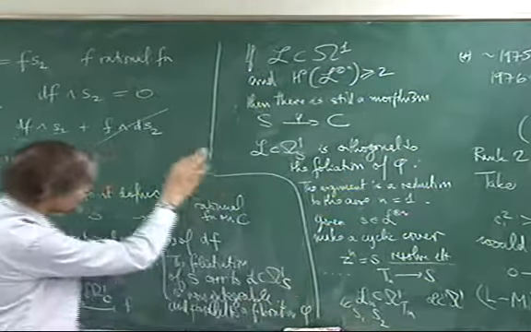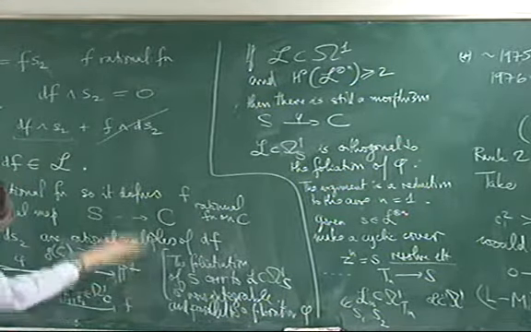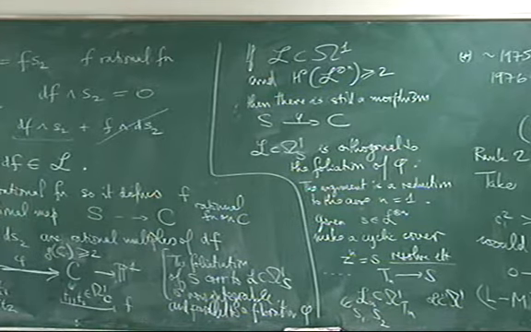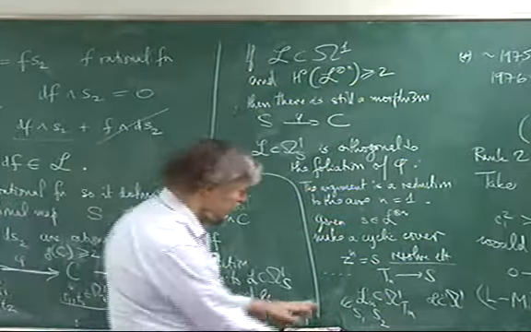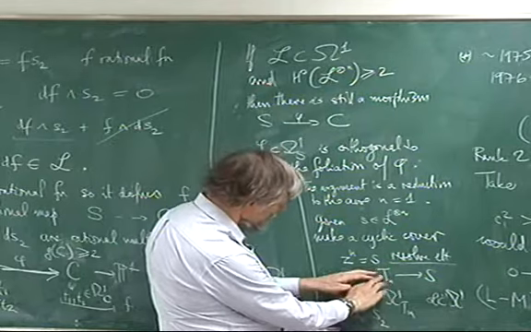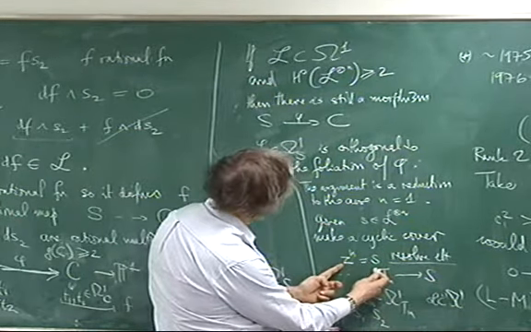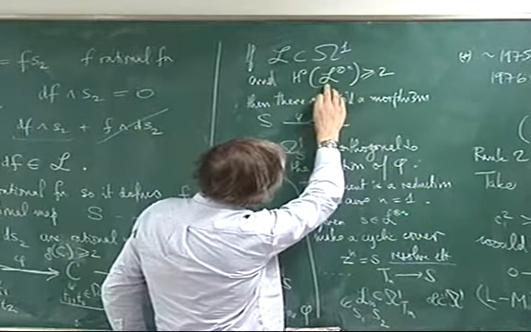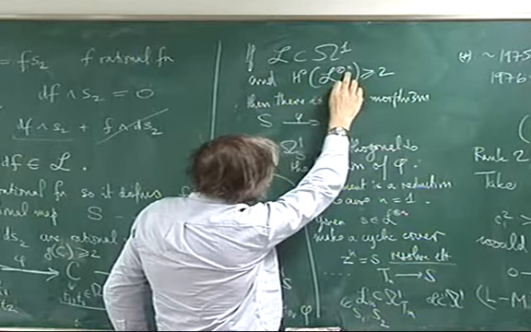Right. I appreciate that I'm not giving a completely correct argument here, but there is a little way of making a cyclic covering. I've got several different sections of L tensor n.